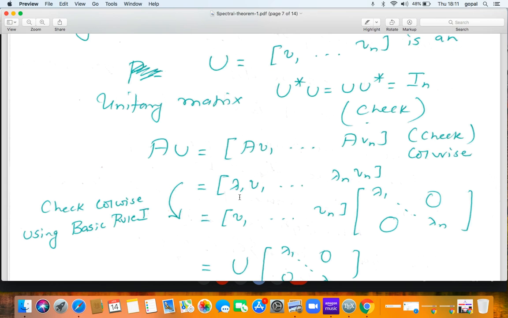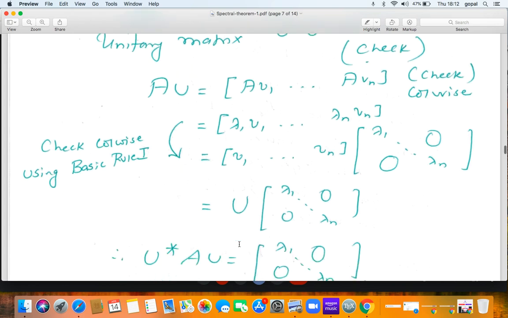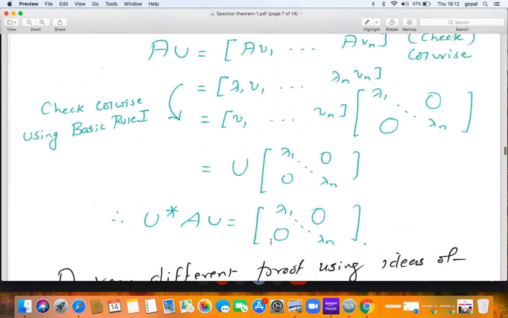But this can also be written, using the basic rule, as V1, V2, ..., Vn multiplied with the diagonal matrix lambda 1, lambda 2, ..., lambda n. But V1, V2, ..., Vn, the columns strung together, is U. So U star AU is the diagonal matrix.